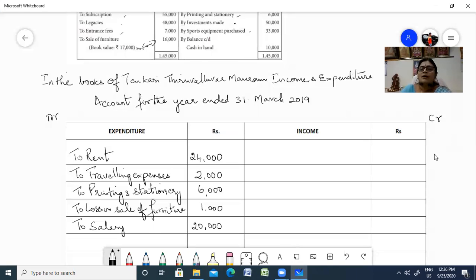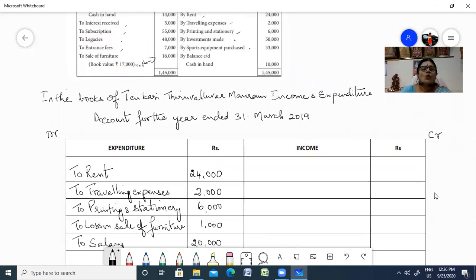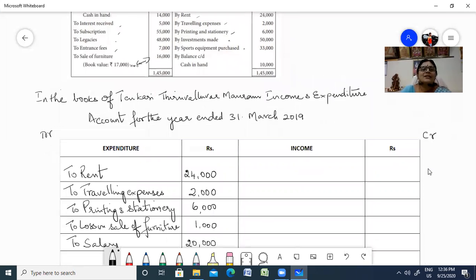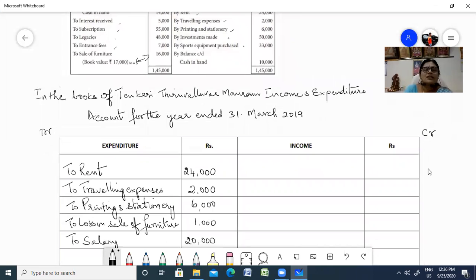Now here you have opening balance. You're not going to record that. Then towards your income, interest received. You're going to record this. So by interest received, 5,000.